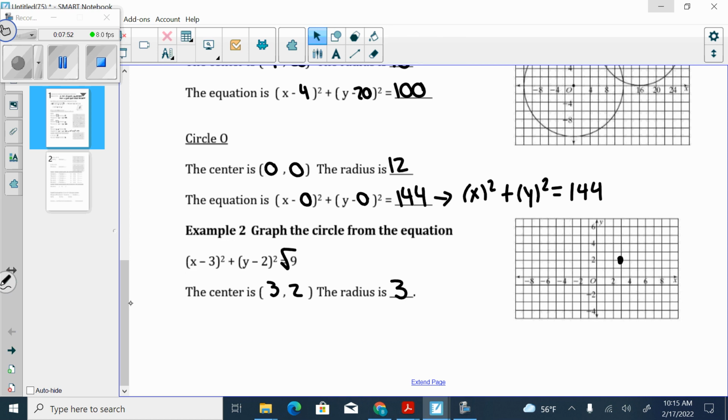So we got 1, 2, 3. And if I connect those points, I should have a perfect circle around my center at 3, 2.